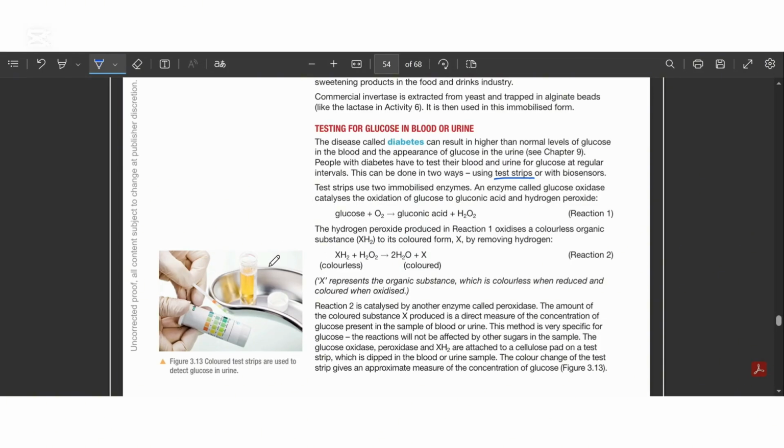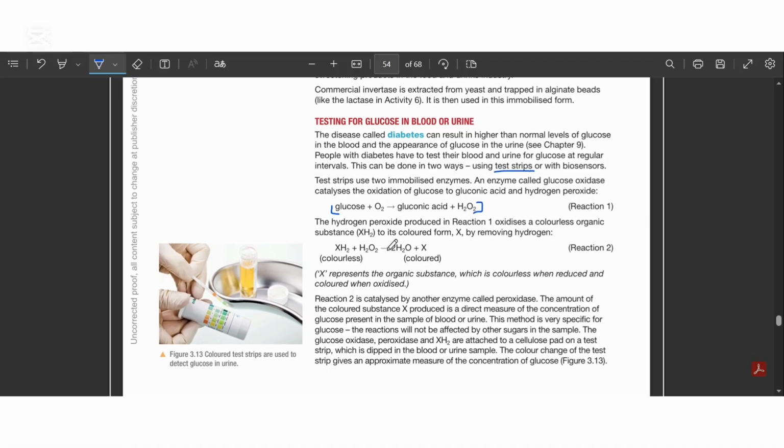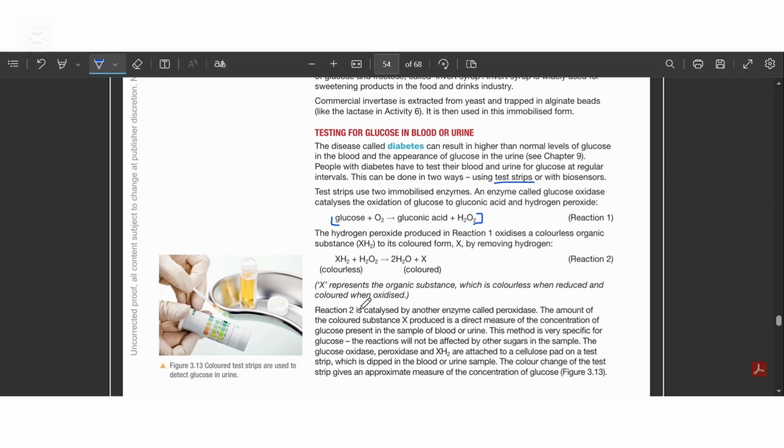When this happens, glucose in the urine is changed into gluconic acid and hydrogen peroxide, as you can see in this reaction. Due to this reaction, the color changes occur, and according to the color change, we can detect the level of glucose. Since they have asked us how we can detect glucose, let's answer that question.